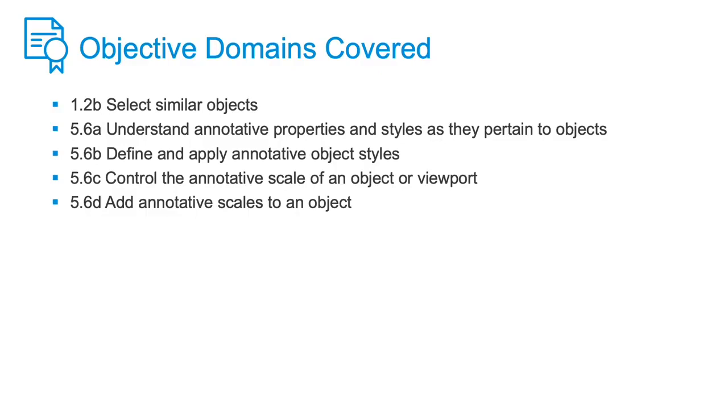Tool palettes can help you organize your blocks and make them easy to access and use. So don't forget the Tool Palette command. Use the Design Center to access other drawings where blocks are stored. Consider creating a central drawing where you store all your blocks in a single file to make it easy for you to locate and use your block library.